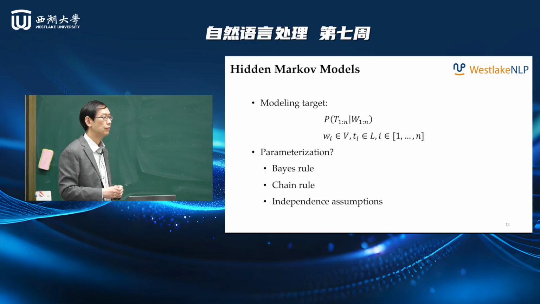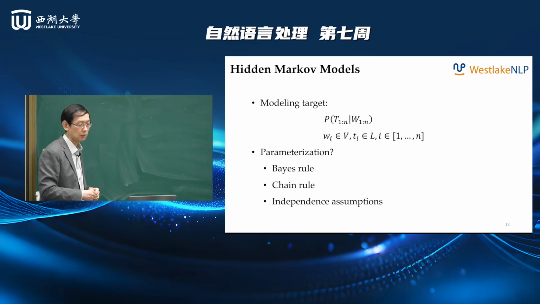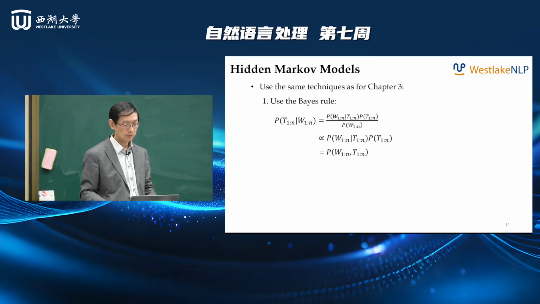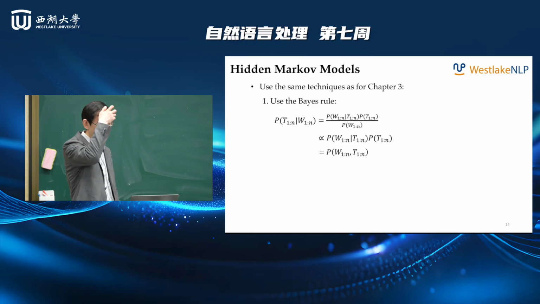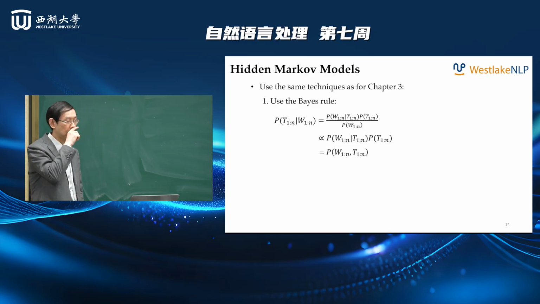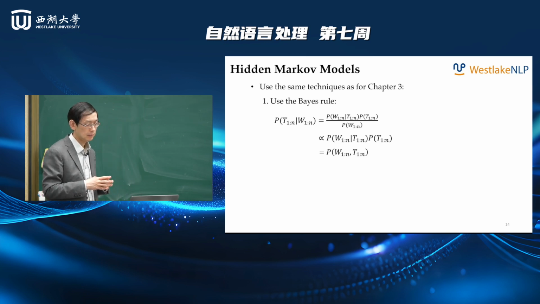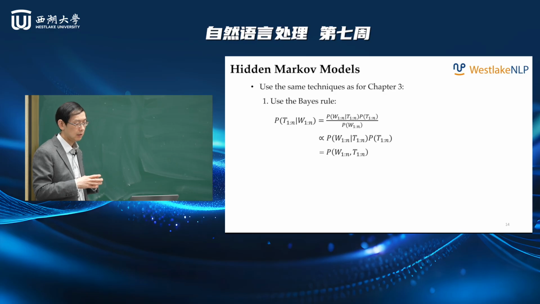And for those of you who are quick, you are already trying to do it. So the first step, of course, is to turn the conditional probability into a joint probability by using the Bayes rule. And this is the Bayes rule.